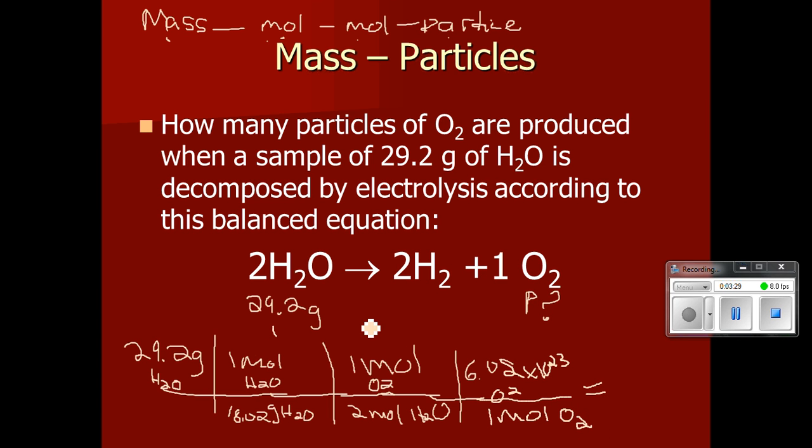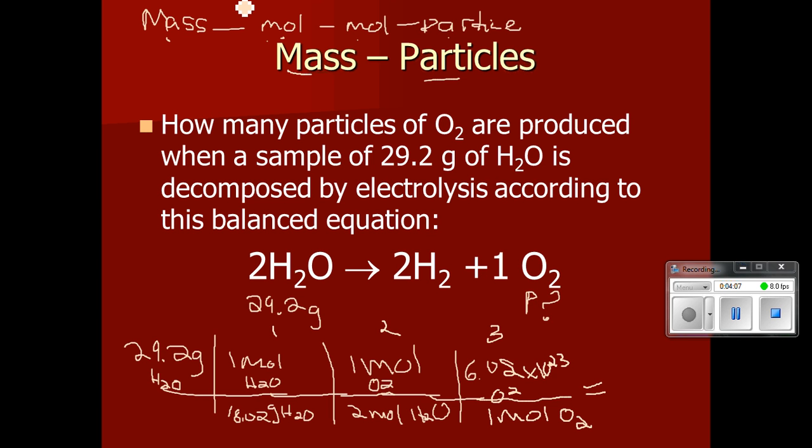So we did our 1, 2, 3 step. The only difference is really, instead of going mass to mass, we went from mass to particles. So let's figure out the answer to this question. 29.2 times 1 times 1 times 6.02 times 10 to the 23rd, and then we will divide by 18.02, and then divide again by 2.